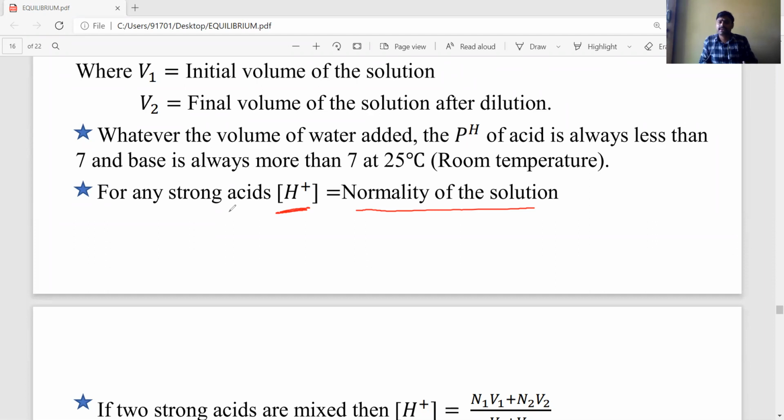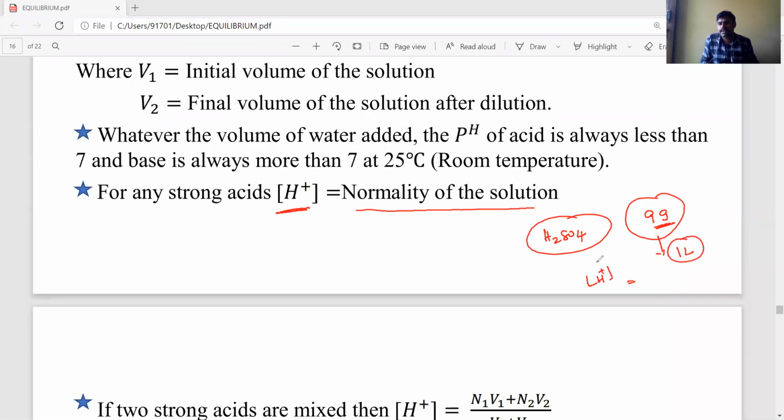Molarity and normality we have already discussed. For example, take one strong acid, H2SO4. Some 9 grams of H2SO4 is present in 1 liter of solution. Find the H plus ions concentration.